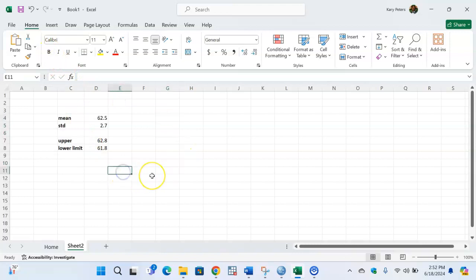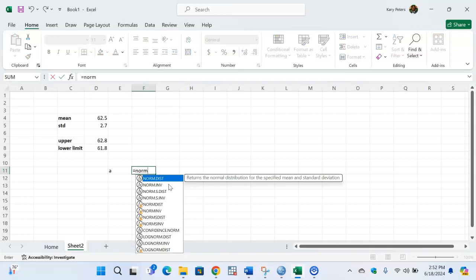So the first thing you need to do, so part A, what you will do is that when you press the equal sign, then write NORM.DIST. It returns the normal distribution for the specified mean and standard deviation. This is used when you only have mean and standard deviation given.